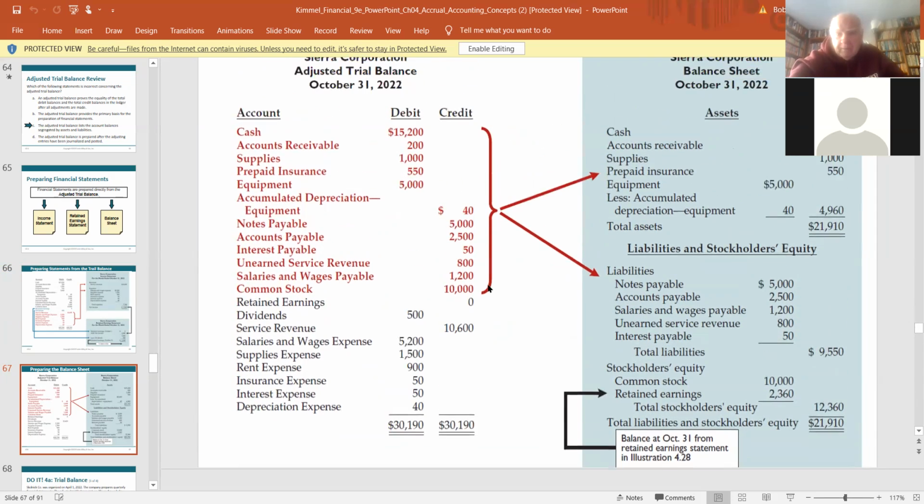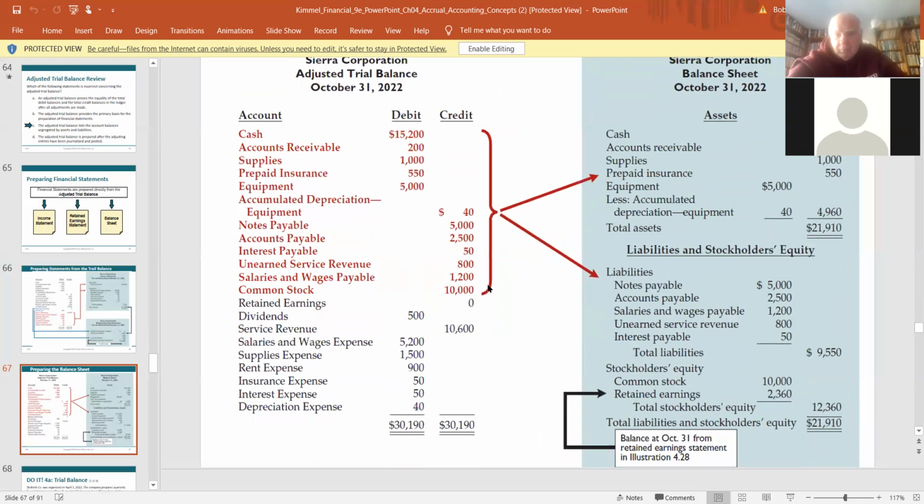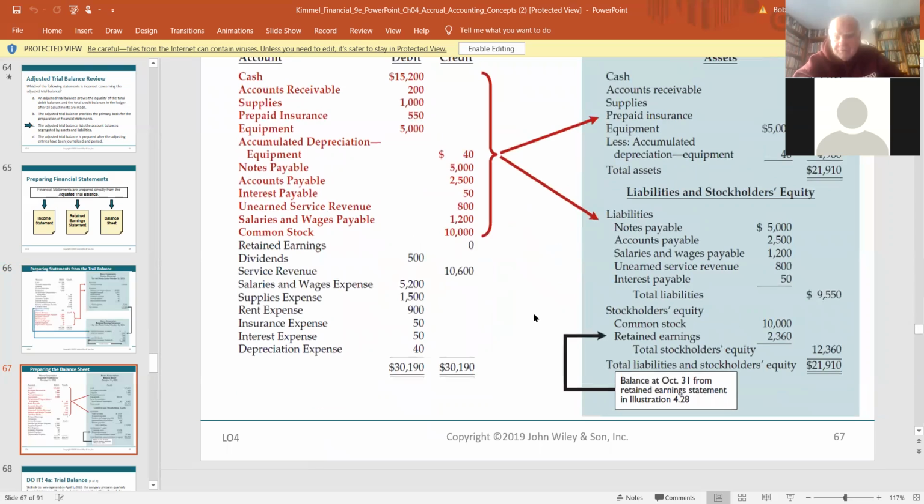But your equity statement, your retained earnings statement, gave you this number here, the 2,360. Everything else was copied from the trial balance. Okay. Following okay, Liba, so far? Yes. Okay.